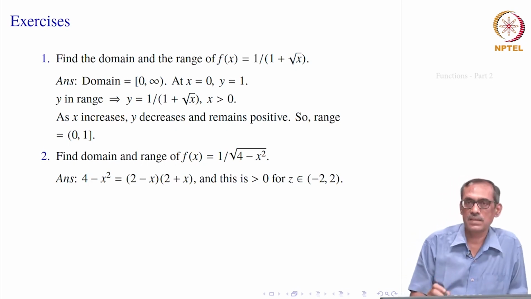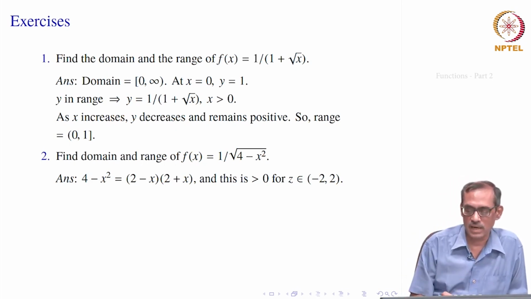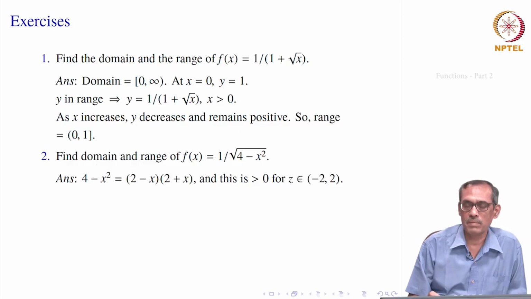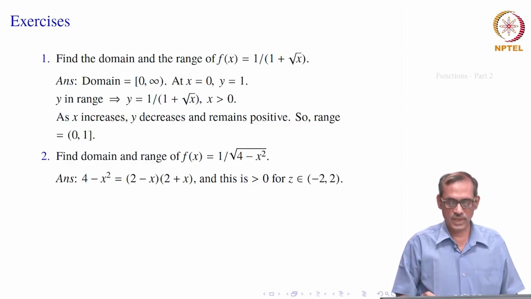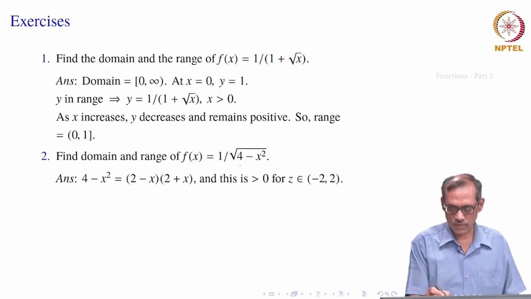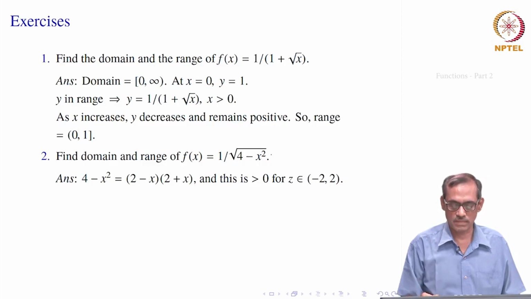Similarly, in the second problem we are asked to find the domain and range of f(x) equal to 1 divided by square root of 4 minus x square. Here again 4 minus x square has to be greater than or equal to 0, but also it is 1 divided by it, so it cannot be equal to 0. So, this must be greater than 0.